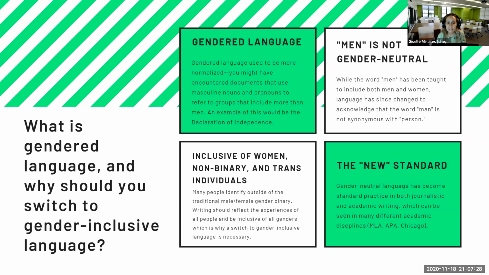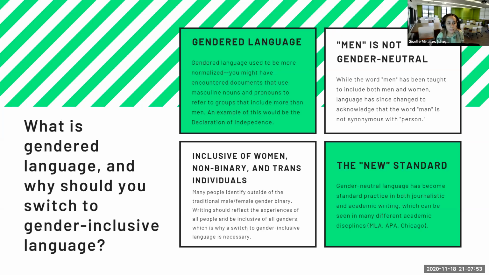Like I said, men is not gender neutral. While the word men used to be commonly taught to include both men and women when used, language has changed, and we now acknowledge that the word man is not synonymous with person. As such, writing has become more inclusive of women, non binary, and trans individuals.